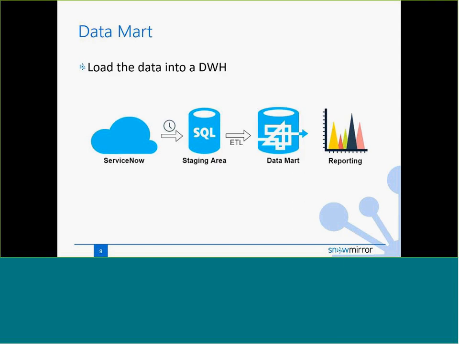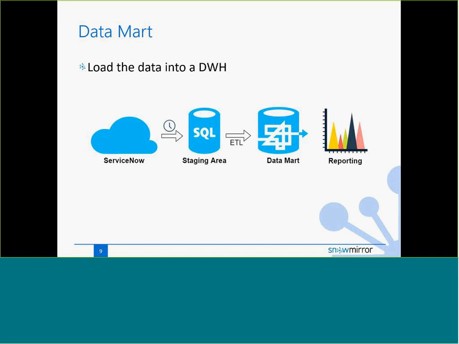The other approach is you've got some kind of data warehouse or other data structures, and in that case the replica is just a staging area. So you load the data, you build snapshots from your ServiceNow instance, like once a day or every hour.